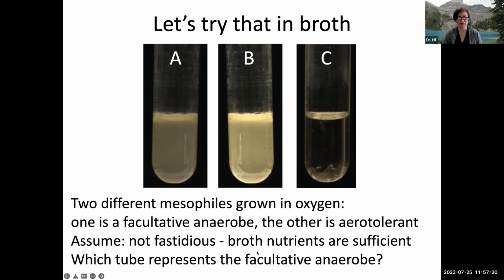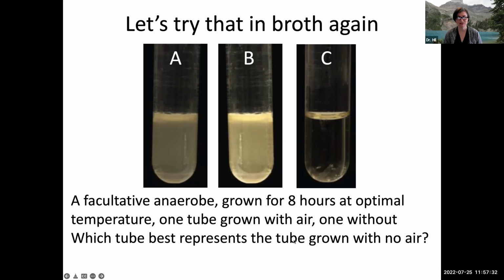Okay, great. Let's look at these same tubes, different scenario. Let's take one species, a facultative anaerobe. We're going to inoculate it into two tubes. We're going to grow both tubes for 8 hours at its favorite temperature, but one we're going to provide air and one we're going to deprive it of oxygen. Which tube best represents the tube that's grown with no air?